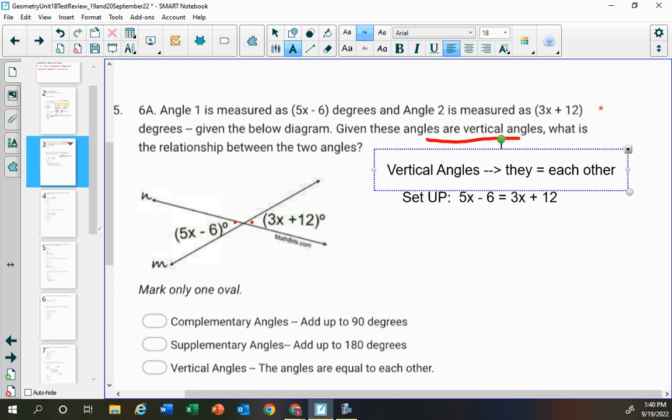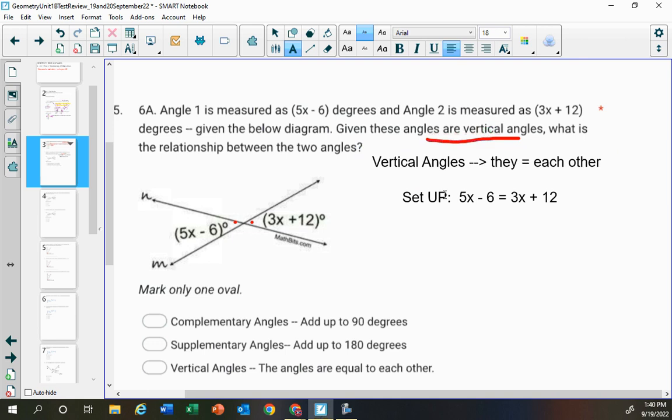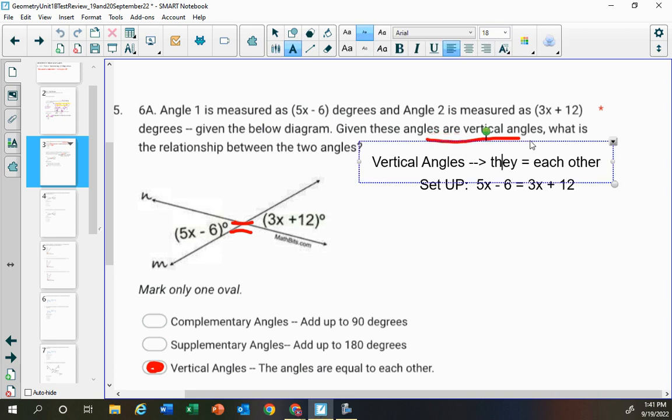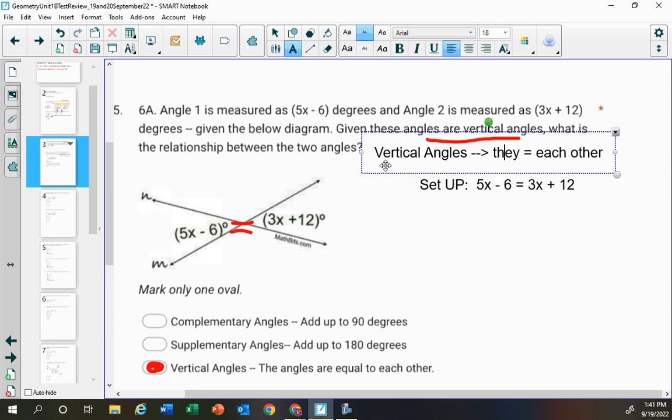So you set them up, set the first expression equal to the second. That's the most important part for this. Vertical means set them equal, because they're right across. Vertical angles are directly across from each other. I'm going to add that little note, directly across.